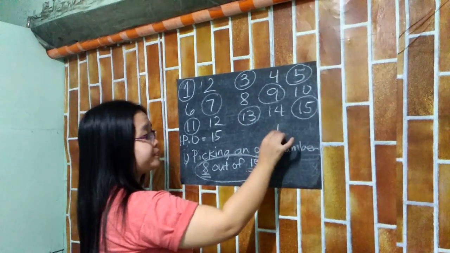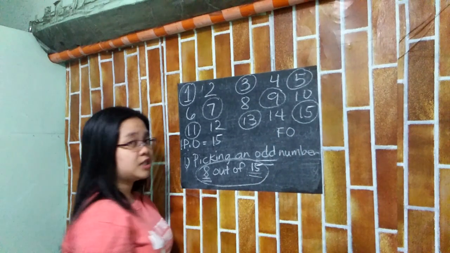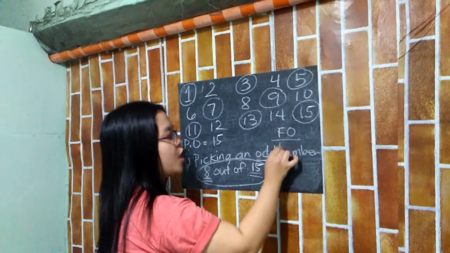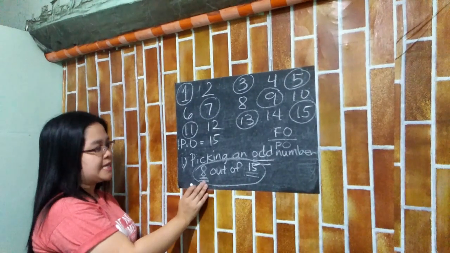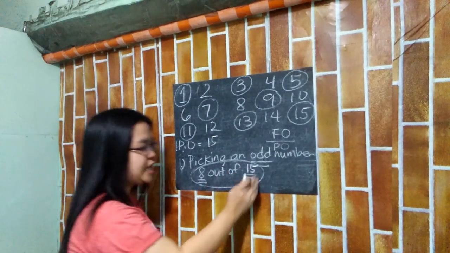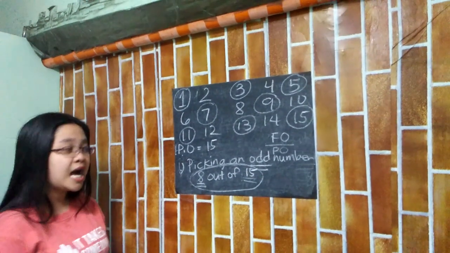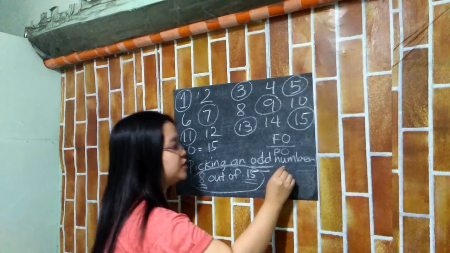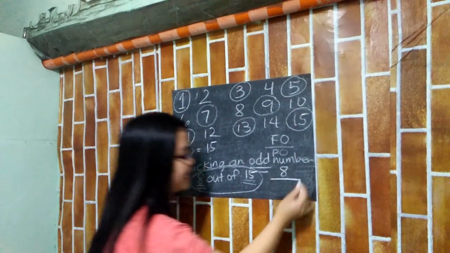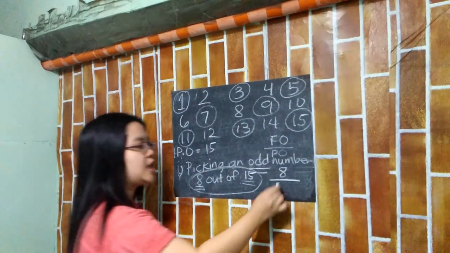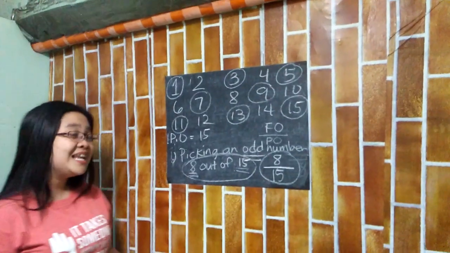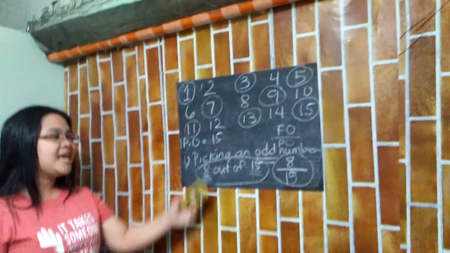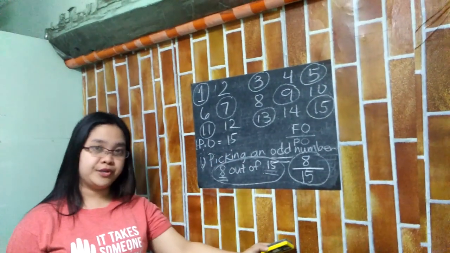So we have favorable outcome on top and possible outcome at the bottom. So in this case, 8 out of 15. What is our favorable outcome? 8. So we will put it on top. And then our possible outcome is 15. So this one is the probability of picking an odd number.